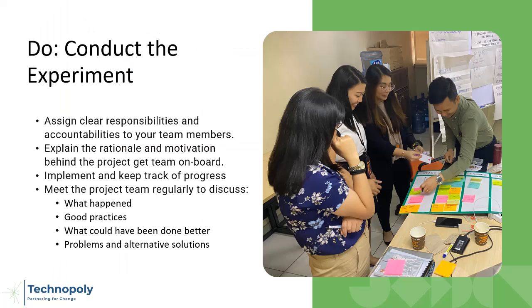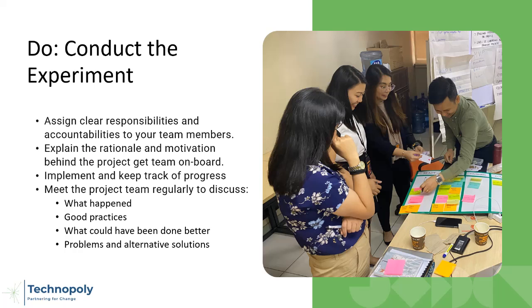Once the team has identified what solutions to be tested, we will now enter the Do step in the PDCA cycle. When conducting the experiment, we need to communicate well with the team and assign clear responsibilities to everyone involved. Get everyone's buy-in by explaining the rationale behind the activities being conducted. And be sure to meet regularly to monitor the implementation of the solutions being tested.